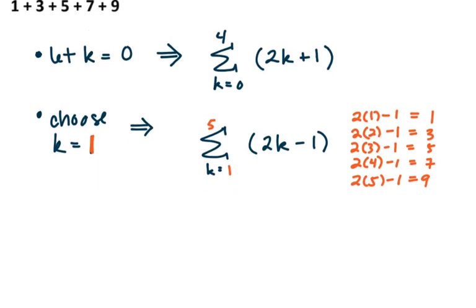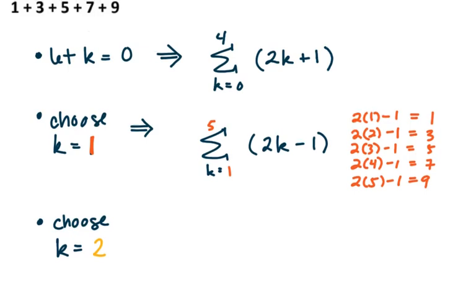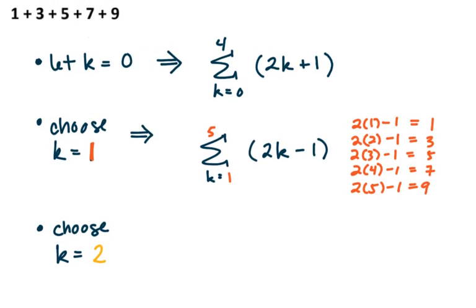And just to expand further, let's choose another k value. How would this differ if I chose k equals, say, 2? So looking at defining this sum for starting at k equals 2, my lower bound or my initial index.